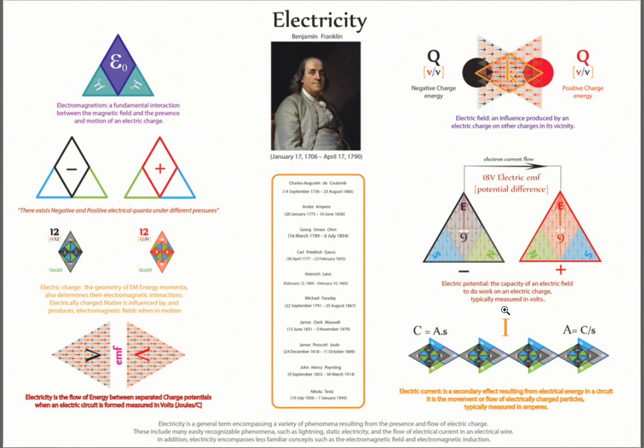And we can obviously measure the motion of these charged particles in the conductor, and this is what we call current. We can measure it in terms of the force of the charge, or we can measure it in terms of the number of charged geometries going past a particular point per unit of time.